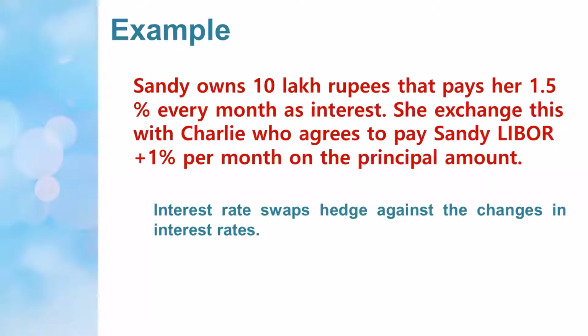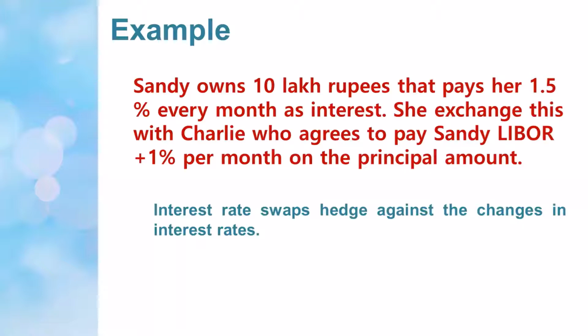So this is an agreement between Sandy and Charlie, where both of them have opposite expectations. See, Charlie is promising a flexible rate of interest because Libor would be fluctuating based on the external and internal environment in the country. Right. So this is an agreement. This is a typical example of an interest rate swap.